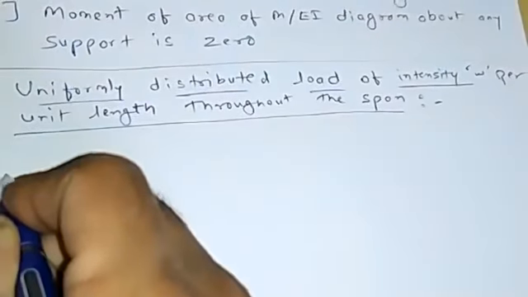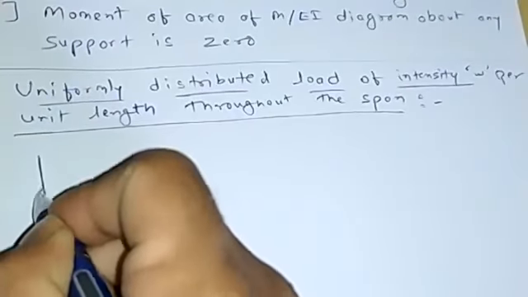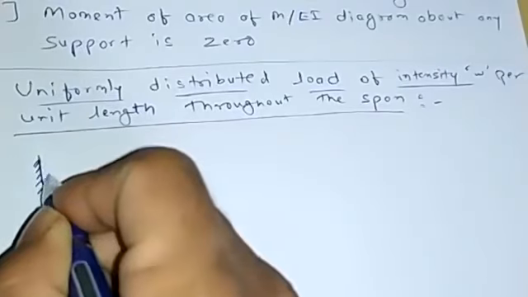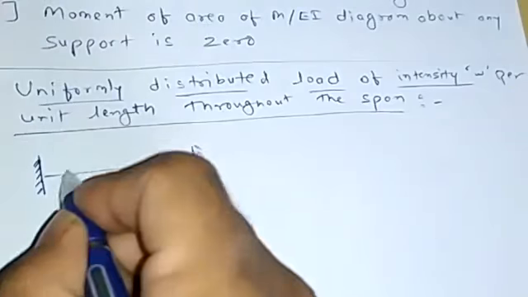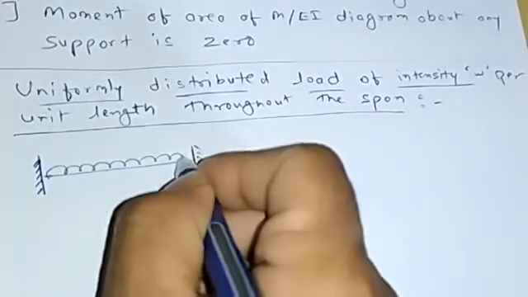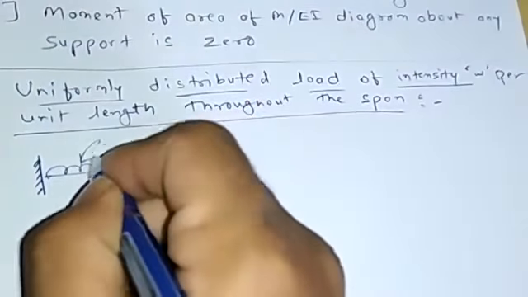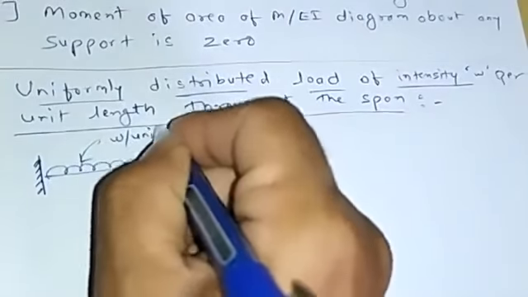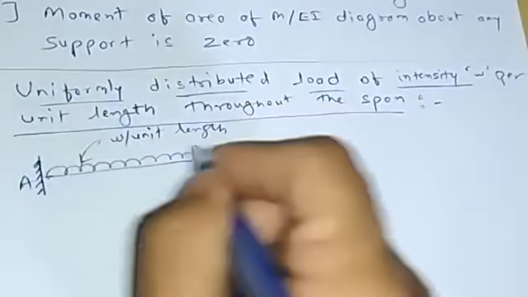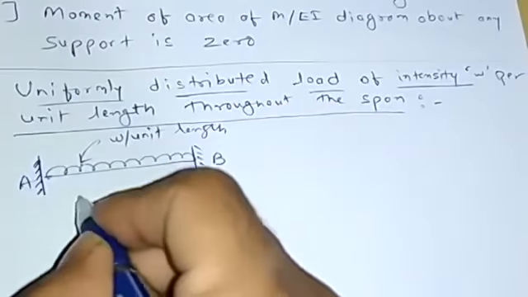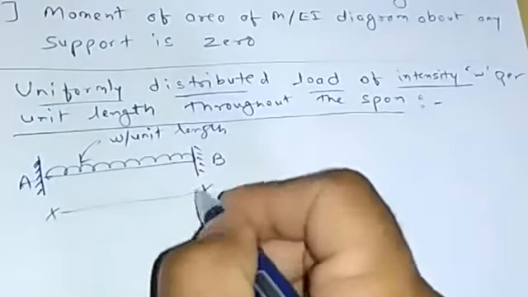If we just look at the diagram, this is the section, and there is a UDL over the entire span, W per unit length. Let us consider this is point A, this is point B. Distance is L.